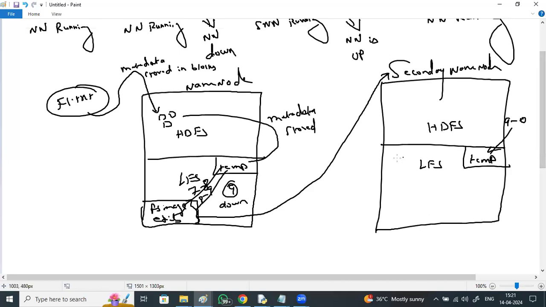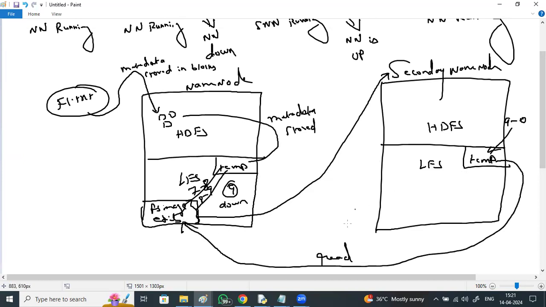When the name node is up, it reads the temp folder and updates the FS image and edits. Again, from 10 to 11, it updates. Both during its presence and its absence, everything will be updated in the FS image and edits.